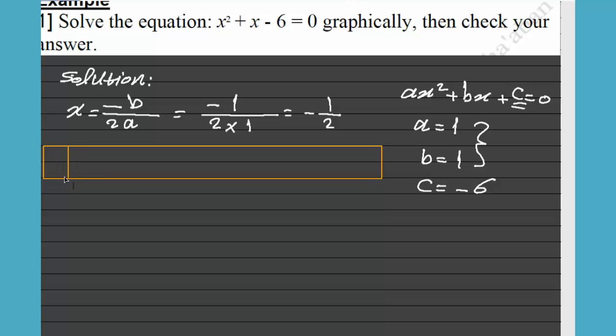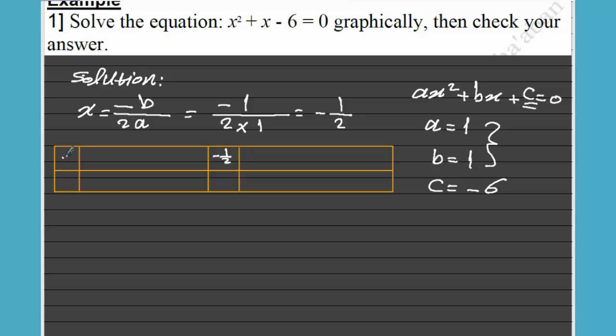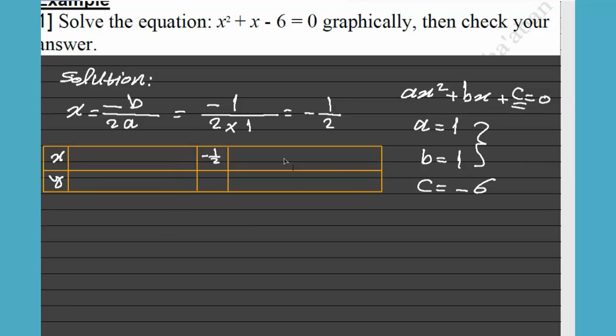Here we have x and y. Draw this. In the middle we put the x coordinate of the vertex, which equals negative half. So we write x and y, and complete drawing the table.